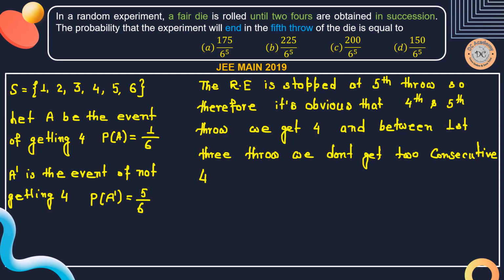So if I get first entry 4, second entry 4, right? Then we stop it. So this condition must prevail.